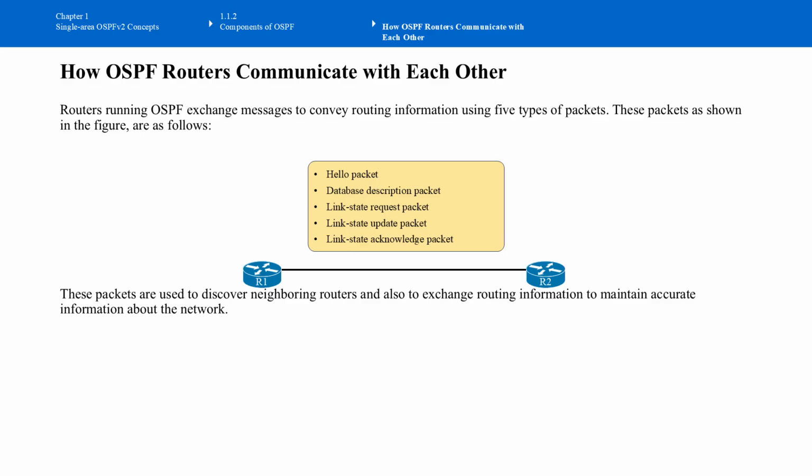Without these packets, OSPF routers would not be able to build or maintain an accurate view of the network. You will learn the details of each packet later in this chapter. For now, just remember that each packet has a specific role, and together they allow OSPF routers to discover neighbors, synchronize their databases, and keep the network topology up to date.